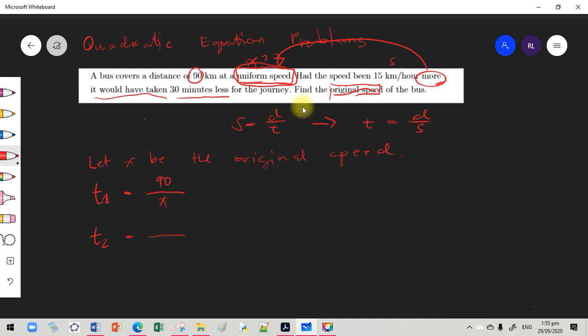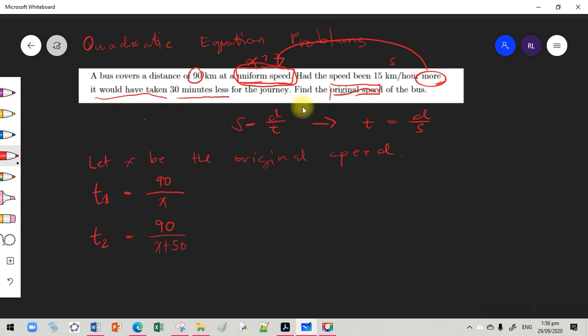Of course, we are covering the same distance, 90. If the speed is more than the original, which is x, and 15 more than that, therefore that is x plus 15.